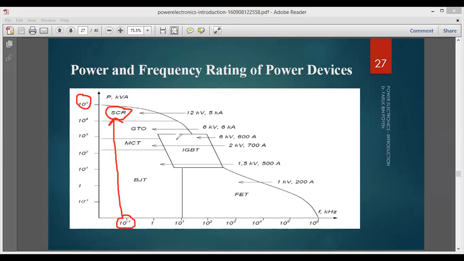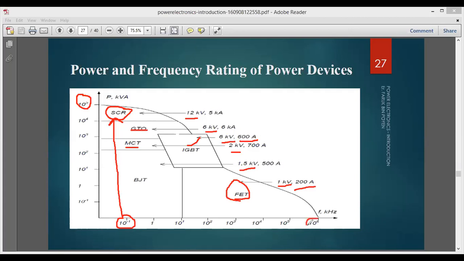When you go for other power electronic devices like the IGBT, MCT, and GTO, their power ratings decline. You can see it reduced to 12 volt, then 6 kilovolt with 600 amperes, then 2 kilovolt, 1.5, and when you use a FET, you may have 1 kilovolt and 200 amperes of current.